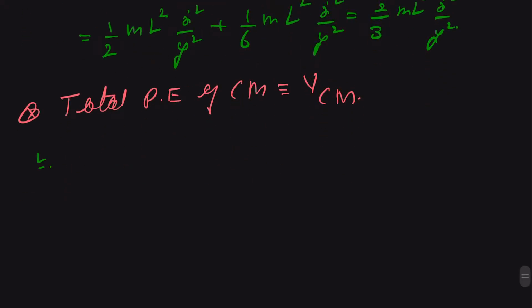And we know that the initial height of the center of mass, let us call this h naught, is equal to nothing but y naught upon 2.